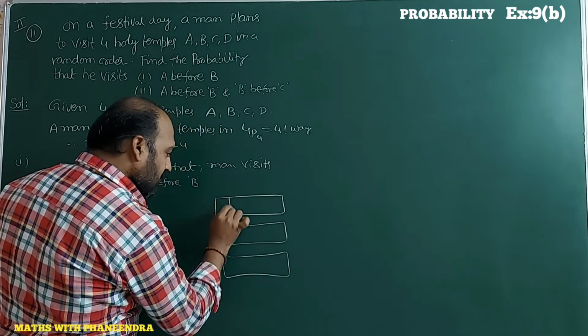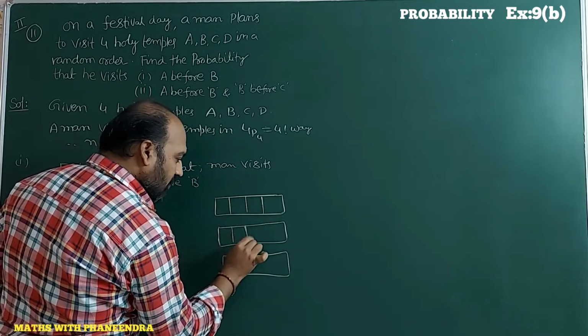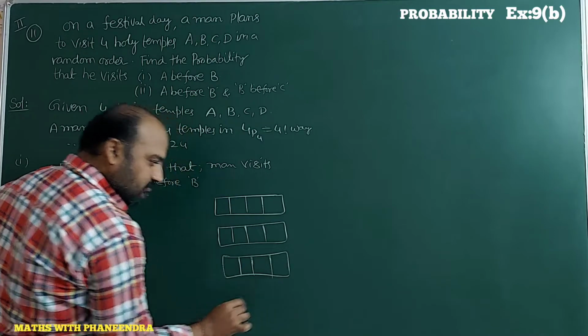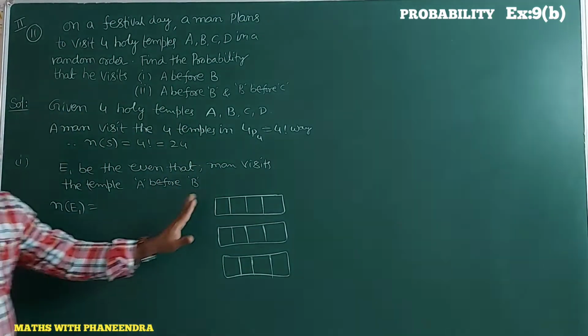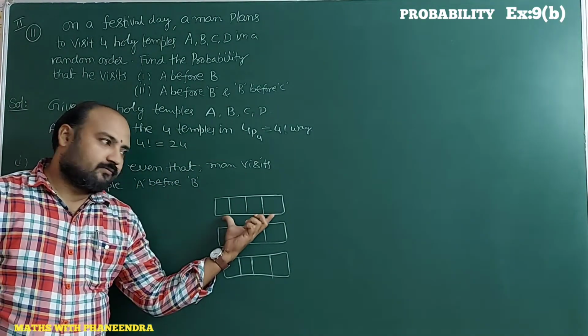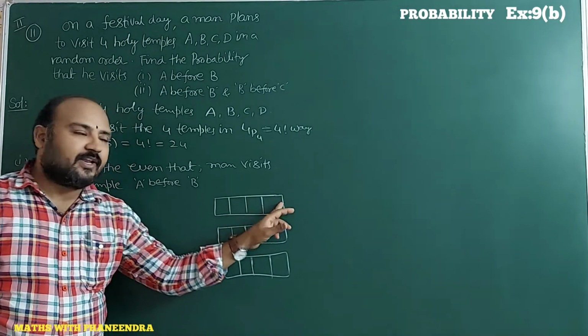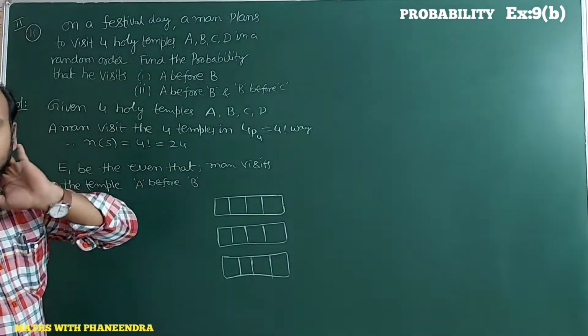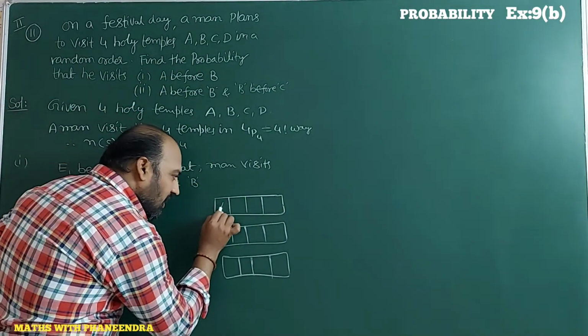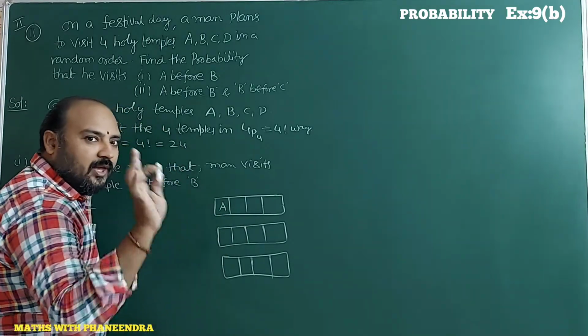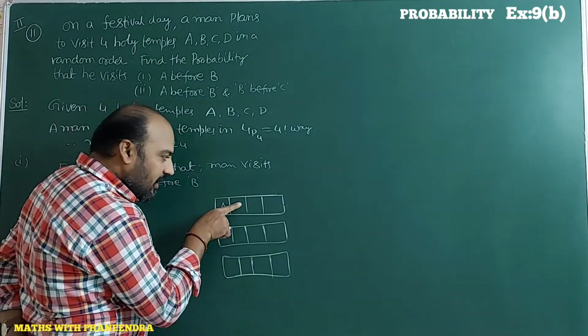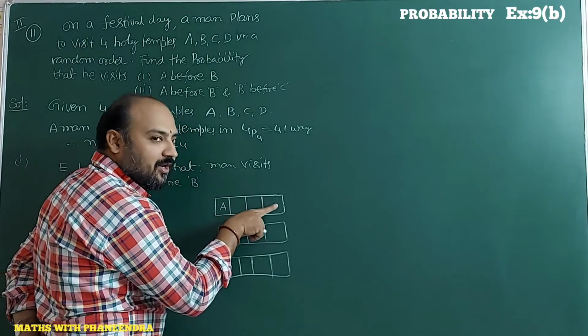Observe, dear students, carefully. So 4 temples, these are all places. Come to case 1. 4 temples are there, A, B, C, D. A before B. Suppose if we take A will be here, B we can accommodate either here or here or here.